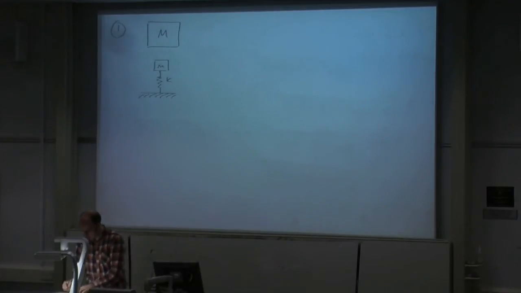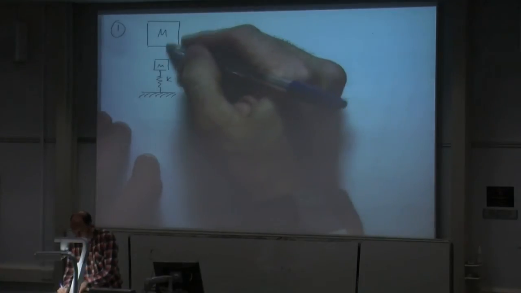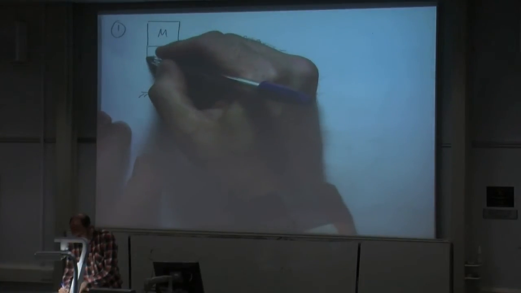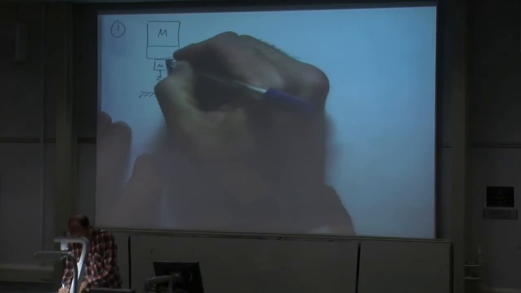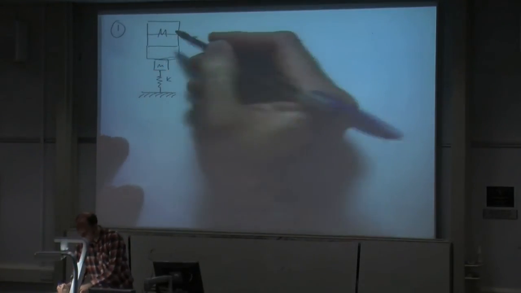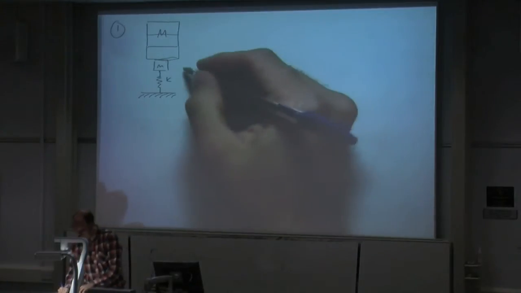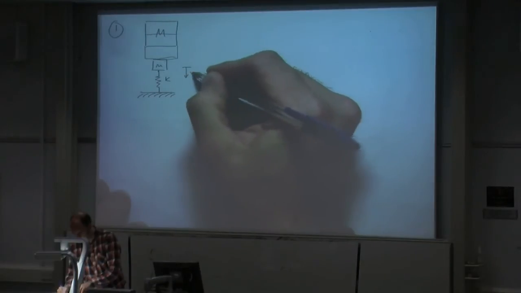But let's not worry about the complexities. We've got this mass and it ends up landing on our mass here, yeah? So it drops down, and obviously then X will deflect in this direction.